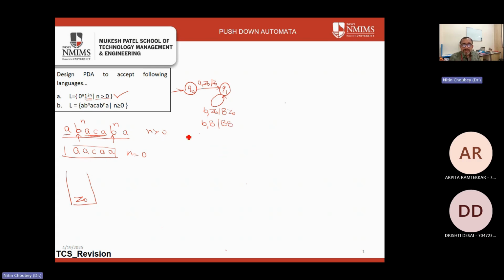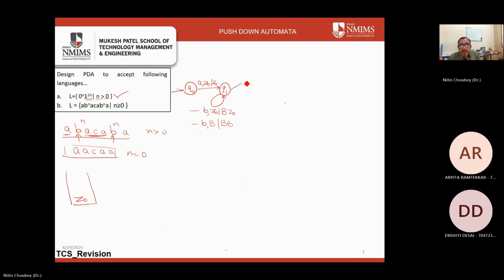When this is continuing, we will have n number of times this whole thing getting repeated. That is, for the first B this, and for n minus 1 B's we will go for this rule, which will be followed by ACA. That means when on the stack top we have capital B, in that case we will have A followed by C followed by A.